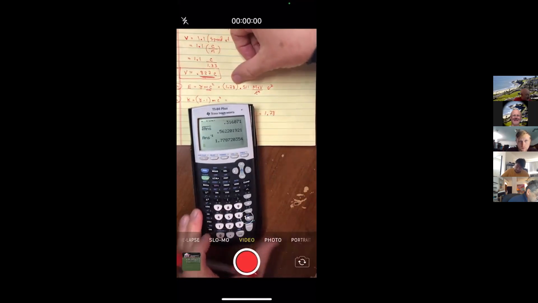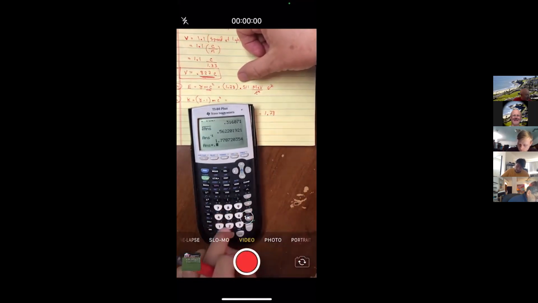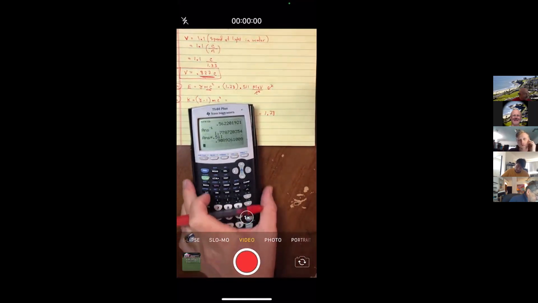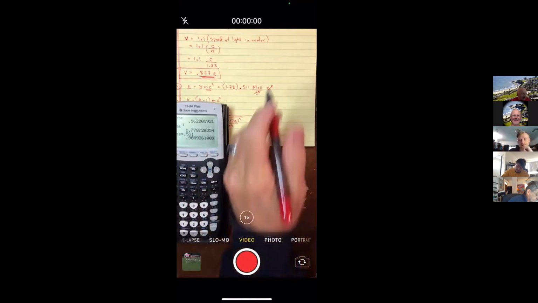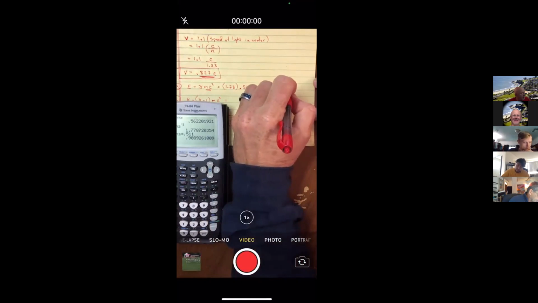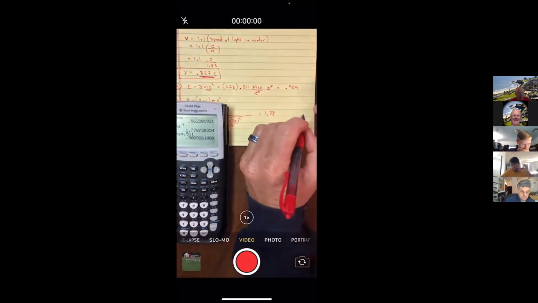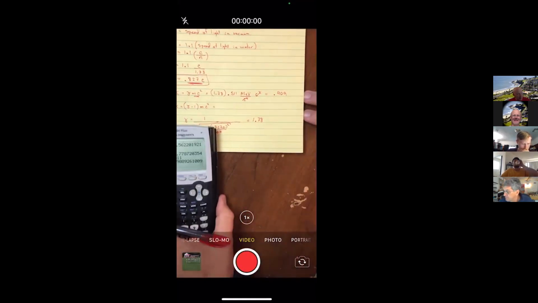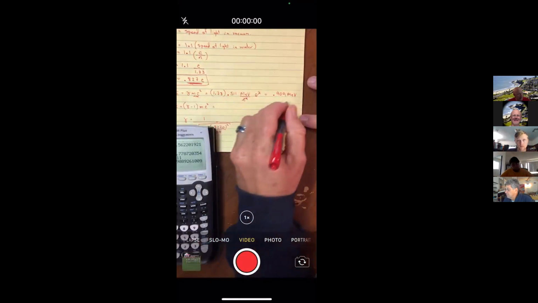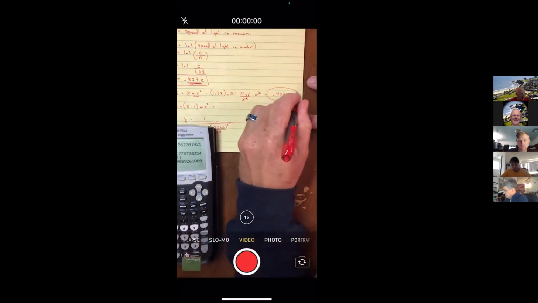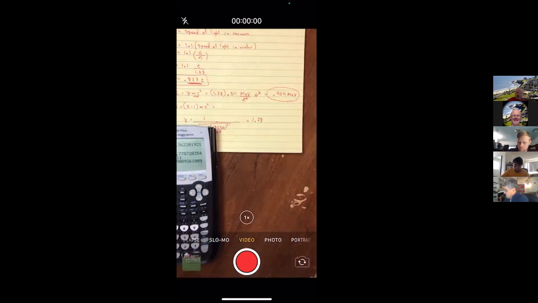And so now I can just take my gamma factor and multiply it by 0.511 and get 0.909 MeV, which stands for mega electron volts.